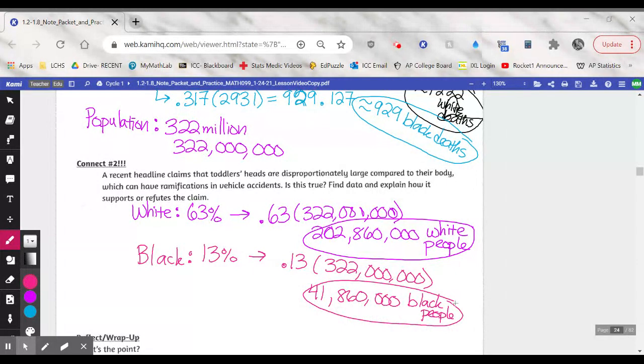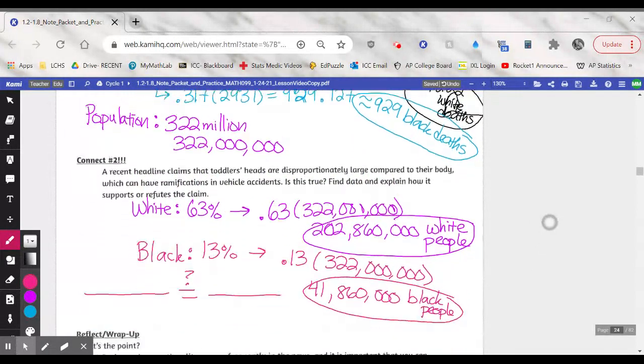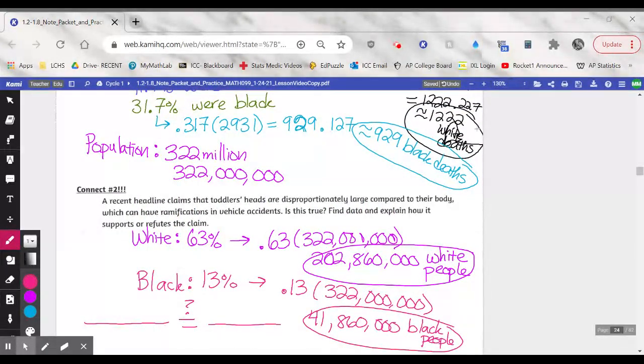So I'm going to see with the number of deaths versus the number of individuals for our population if they are proportional. So we're going to create two different ratios and see if they are in proportion. So on one side, I'm going to do those for the white individuals.